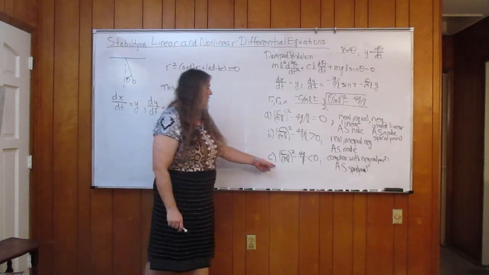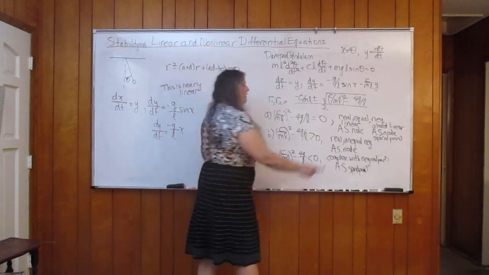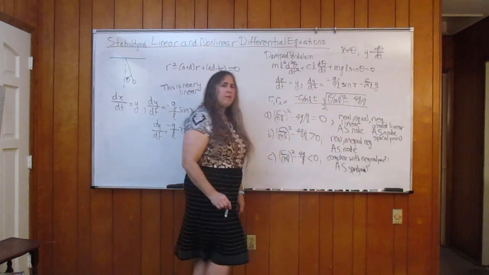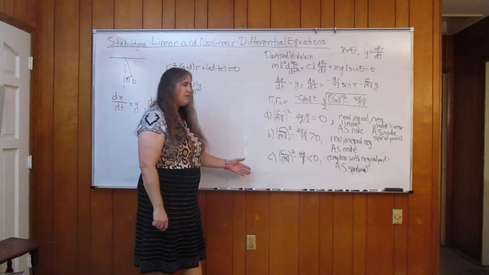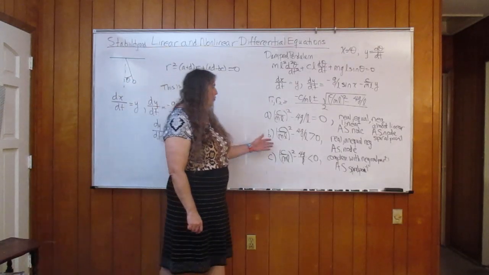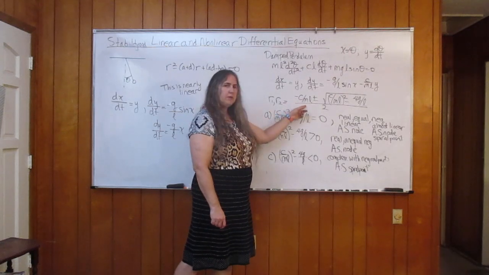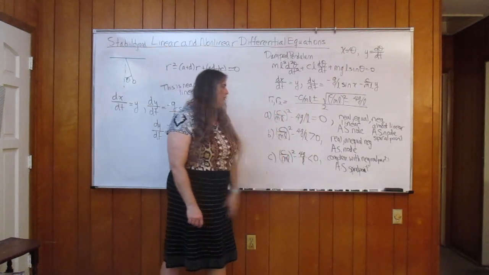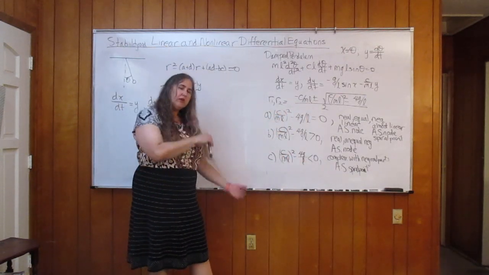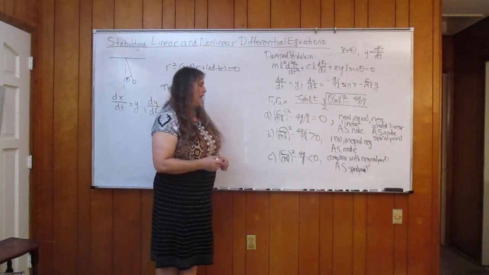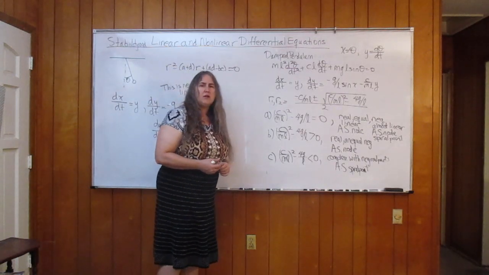Last case is if this is negative, in which case this second term will be imaginary. So we get a complex number, complex roots. The real part is going to be negative. The only possibility there for both linear and nearly linear systems is an asymptotically stable spiral point.